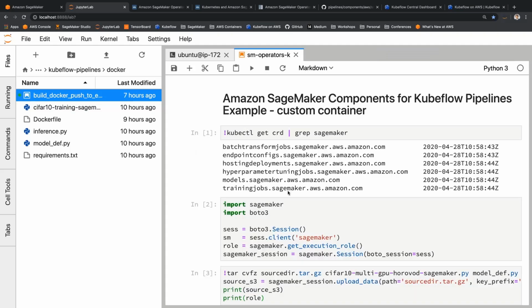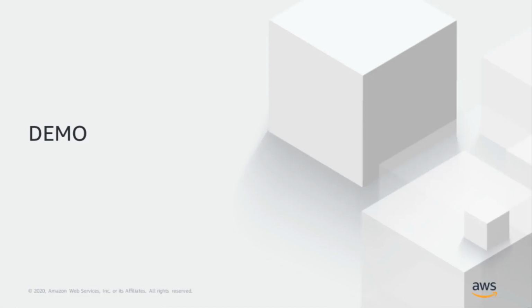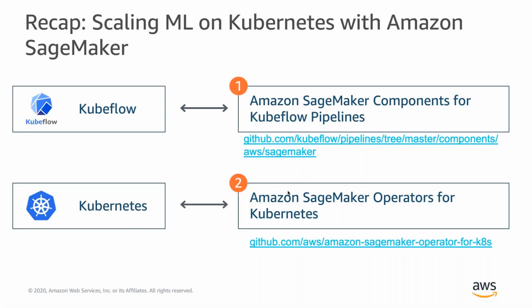Okay, that brings us to the end of both the demos, and we'll do a quick recap. If you're an existing Kubernetes user, or you want to standardize on Kubernetes, or you're starting to explore Kubernetes, but you want to leverage all the innovations and new capabilities that are machine learning specific in Amazon SageMaker, there are a couple of ways to do this.